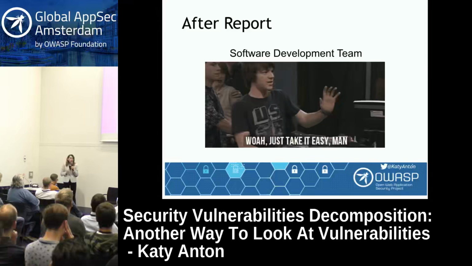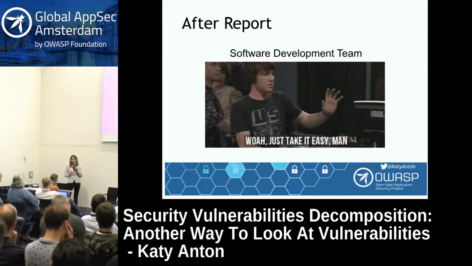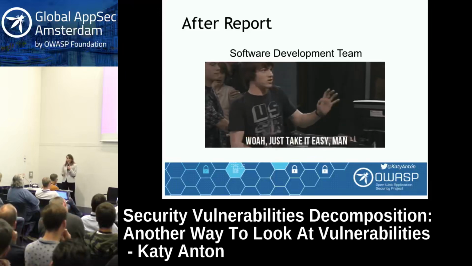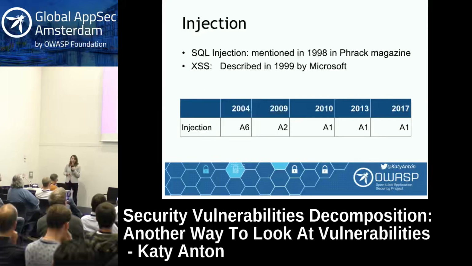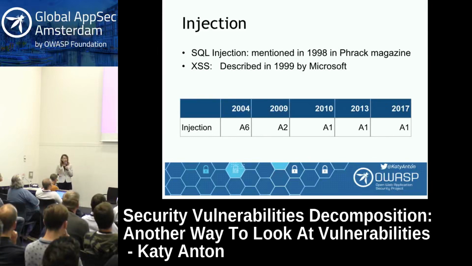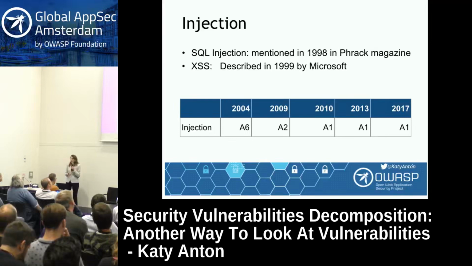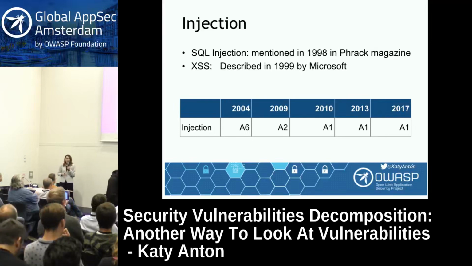And the problem is that today we still develop a large number of insecure applications, and injection is still king. And this is the current state. In the latest OWASP Top 10, 2017, injection is still in pole position at number 1. And we have known about these vulnerabilities for over 20 years. SQL injection was first mentioned in 1998 in Phrack magazine.